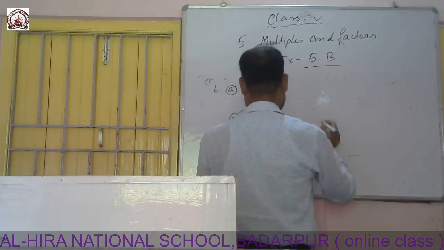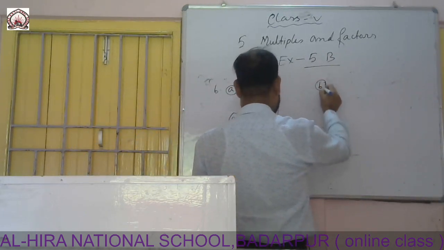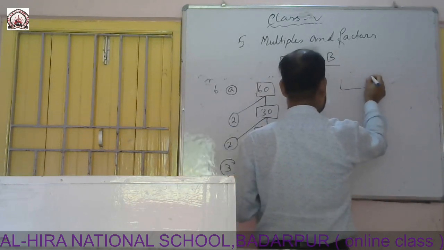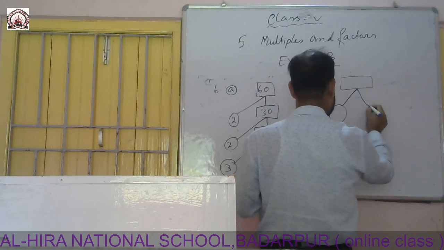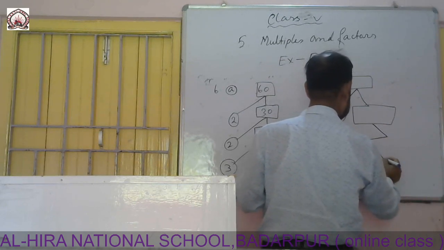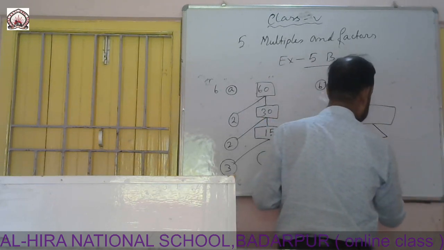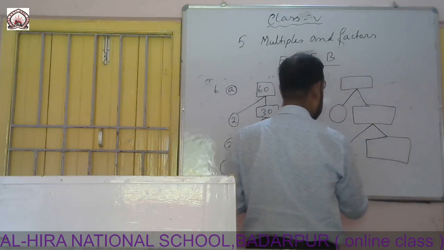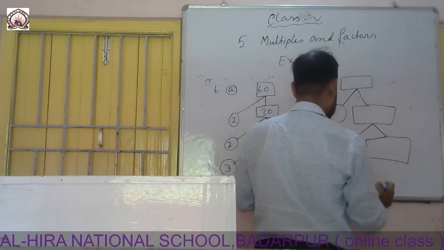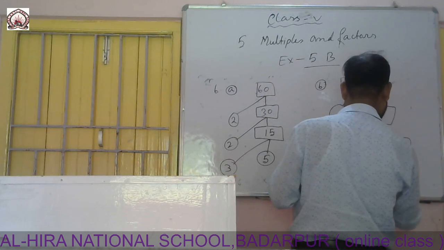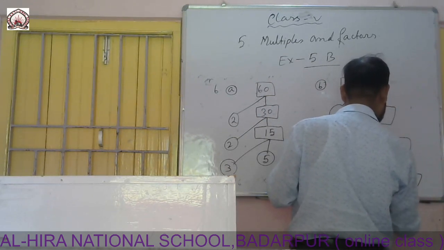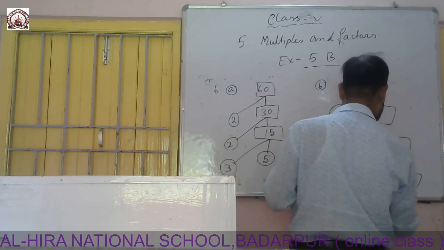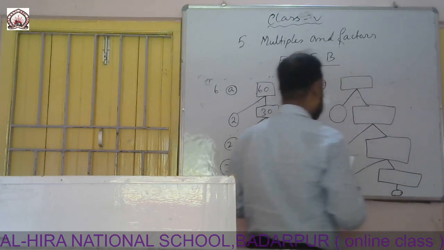Next, question number B. There is a circle, and another circle.